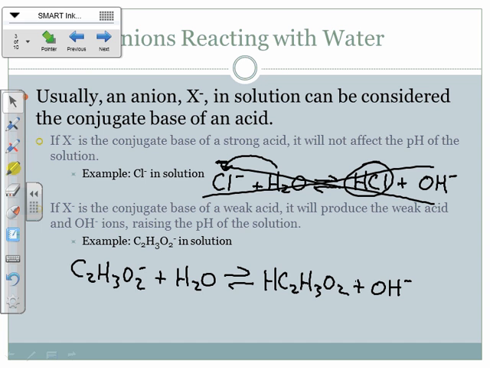That actually can happen because acetic acid is a weak acid, so it doesn't completely dissociate, which means that most of it stays together. So you have to keep those two straight. If you have an anion that forms a strong acid, like HCl, then it's not going to do anything to the pH of the solution, because it will not pull a hydrogen off of water. But if you have an anion that forms a weak acid, that can actually happen.